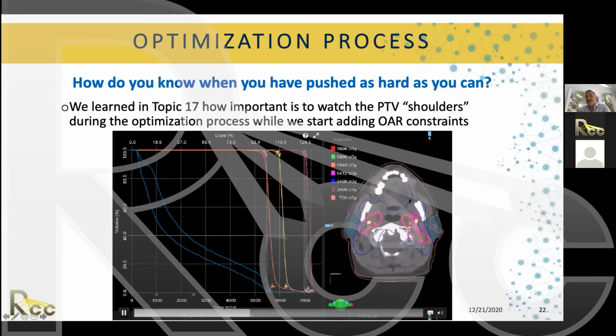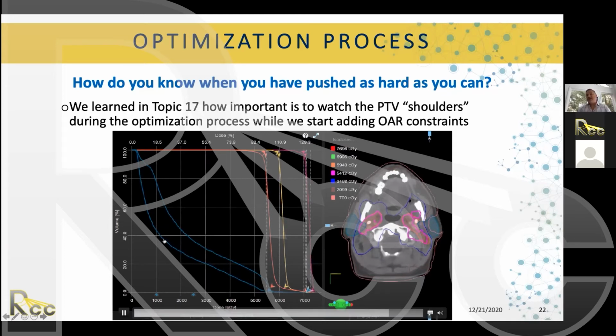You can look here how bad the coverage looks, but just to give you an idea of how you can ruin a plan, because you think, okay, I can get it lower, but look what you're doing to the PTV. I was also changing the weights, and you can see how these two, the PTV 5412 and the PTV 6996, you basically ruin them by lowering the left parotid too much.